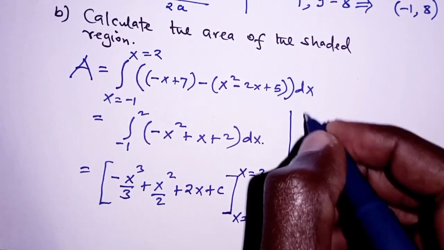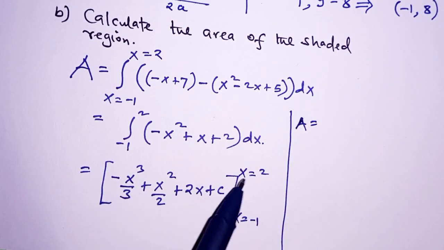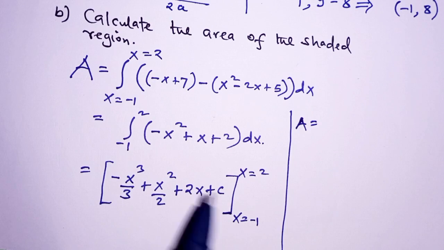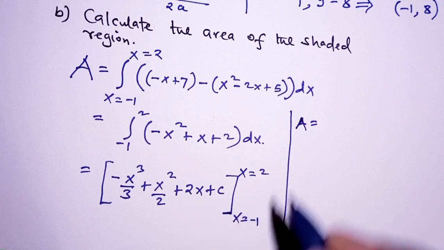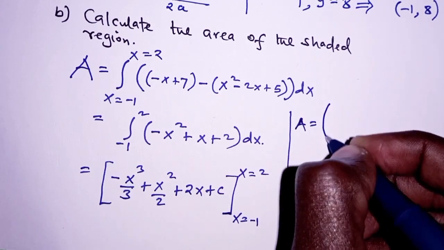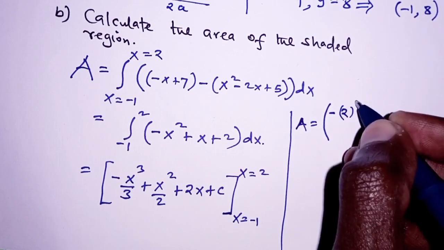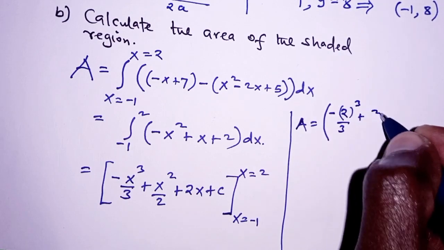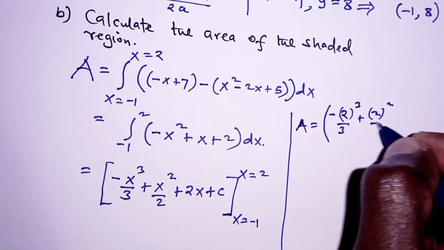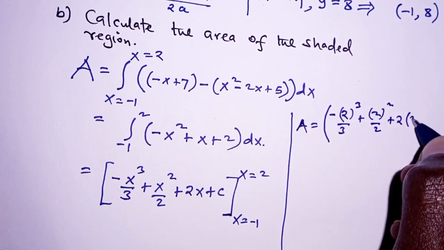So we are going to find the area as follows. First, we are going to substitute for x in this expression. We're going to substitute the upper limit and then the lower limit, and then we get the difference. So for the first bracket, we have for the upper limit, and that will be negative 2 cubed over 3 plus 2 squared over 2 plus 2 into 2.